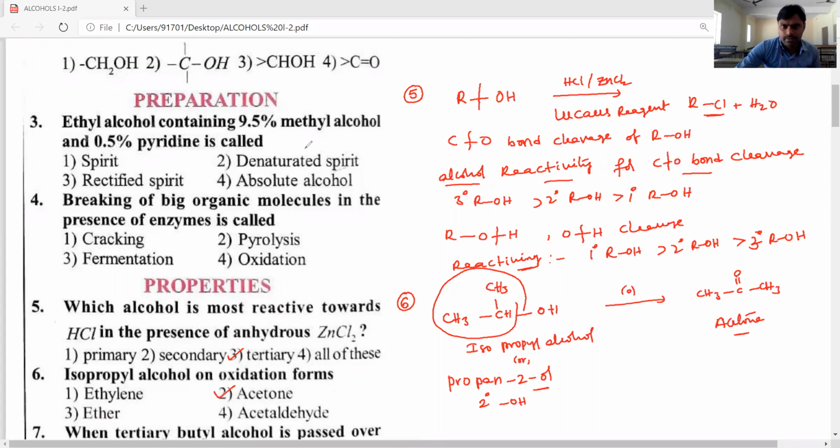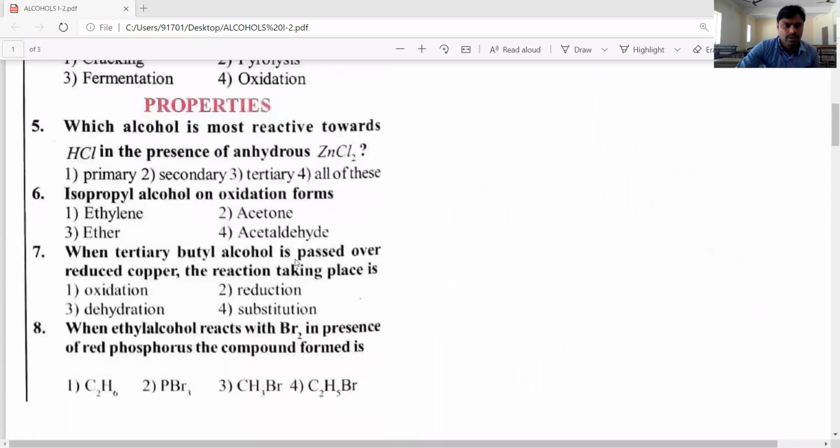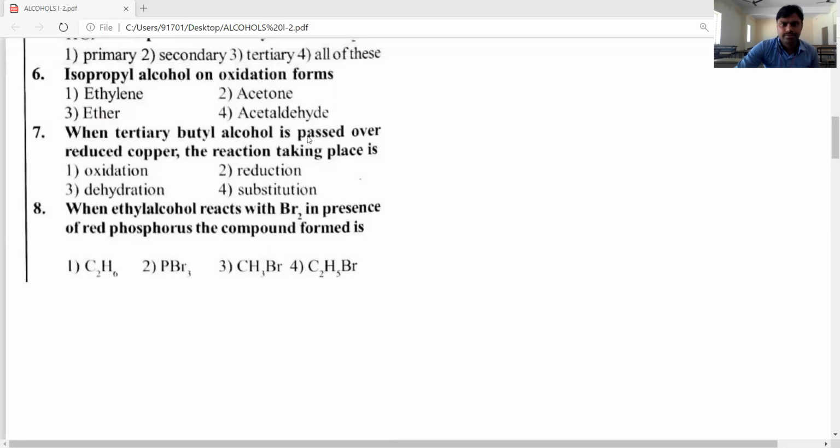Okay, let's see the next question. Seventh question. When tertiary butyl alcohol is passed over copper metal, I'll explain one by one.